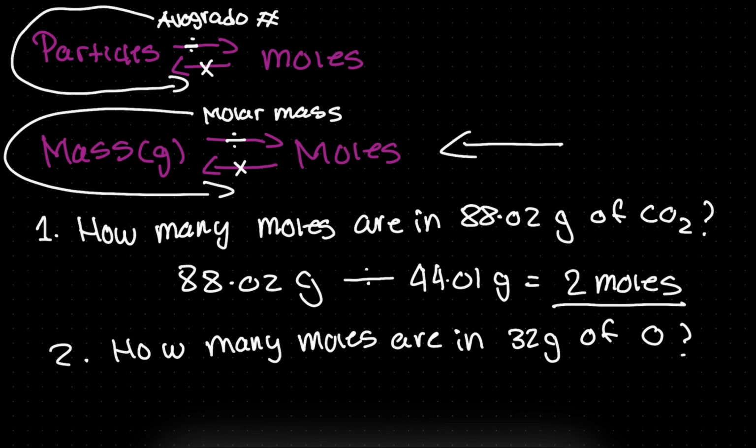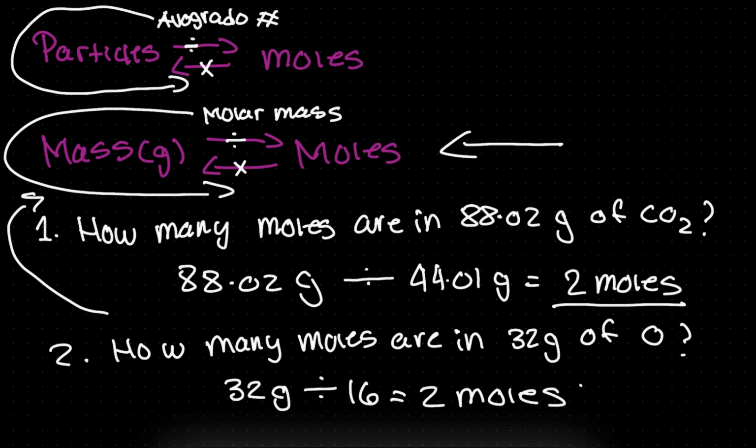So what is the mass in grams? 32 grams, right? And we have to divide, because we see up here what we have to do. We divide by the molar mass of oxygen from before, which we got was 16, and we get 2 moles. Those are pretty simple, right?